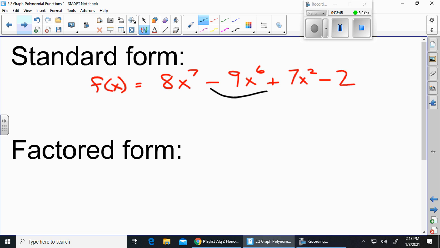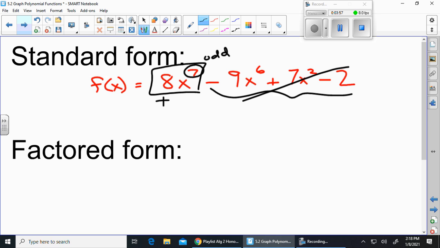All this stuff we don't care about. We care about this: 8x to the 7th. Positive, odd. What do I know about a positive leading coefficient and an odd degree? It's a John Travolta.